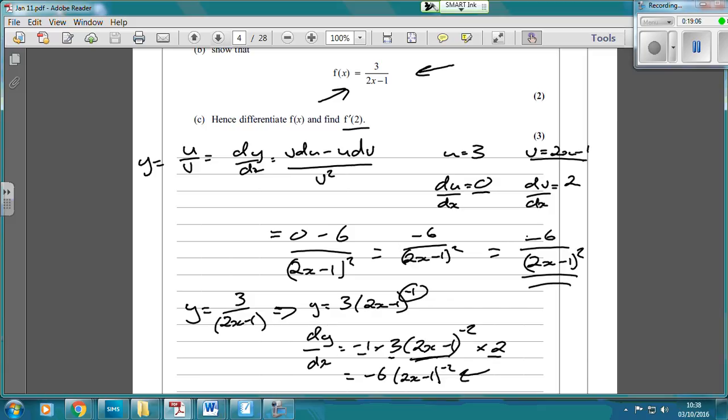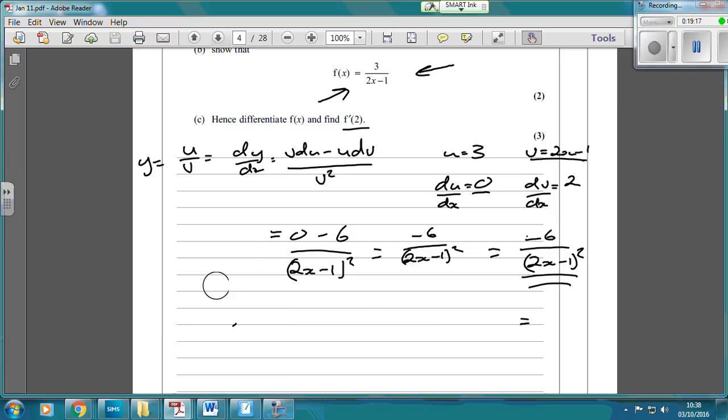Then if you want f dashed of 2, you just have to substitute 2 into that. So f dashed 2 is minus 6 over 2 lots of 2, take away 1, squared, which is minus 6 over 3 squared, 9, which equals minus 2/3.